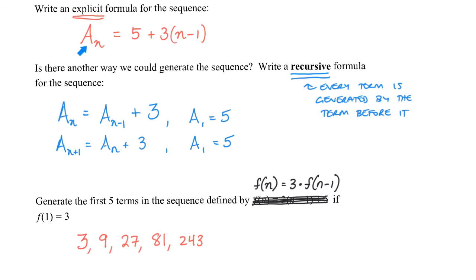The name of the sequence here is capital A, and you don't see capital A in the formula, so that's an explicit formula. Whereas with a recursive formula, you see the name both at the beginning and also in the formula. In this case, our sequence is called lowercase f. Notice you see it on both sides. That's the telltale sign that this is a recursive sequence. We'll work with this a little bit more in class, but that's the gist of it.